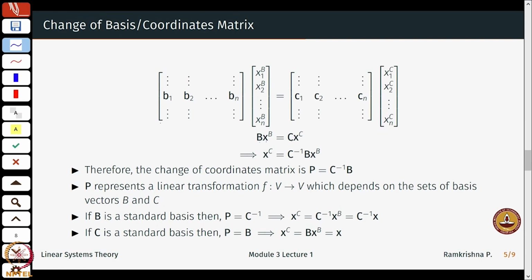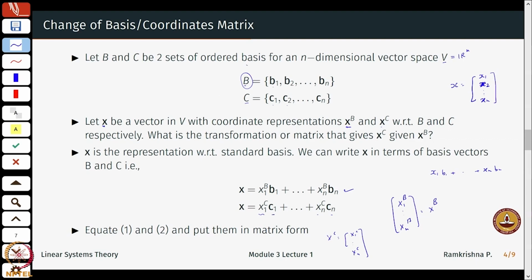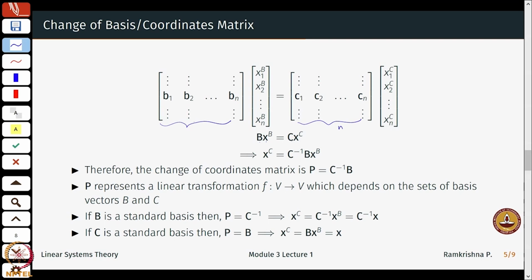Now look at this matrix, it has n independent columns. Similarly, this matrix also has n independent columns, because b1 till bn are linearly independent. Why are they linearly independent? That comes from the definition of the basis. Once these matrices are full rank, the rank of this will be n, and the rank of this will also be n.